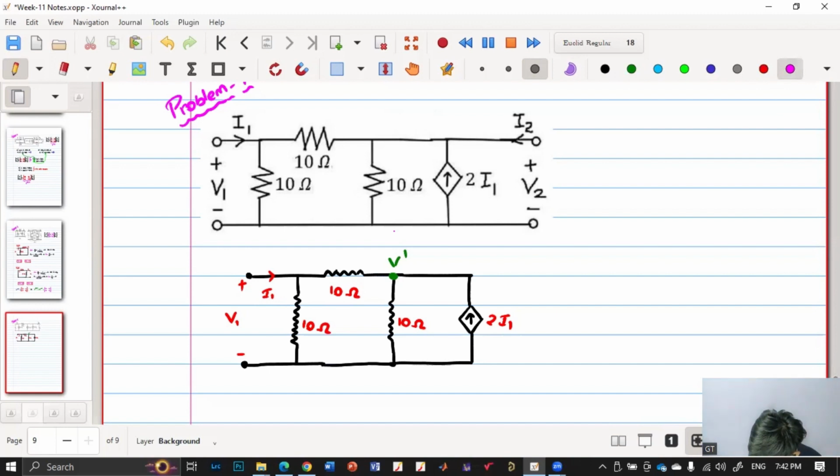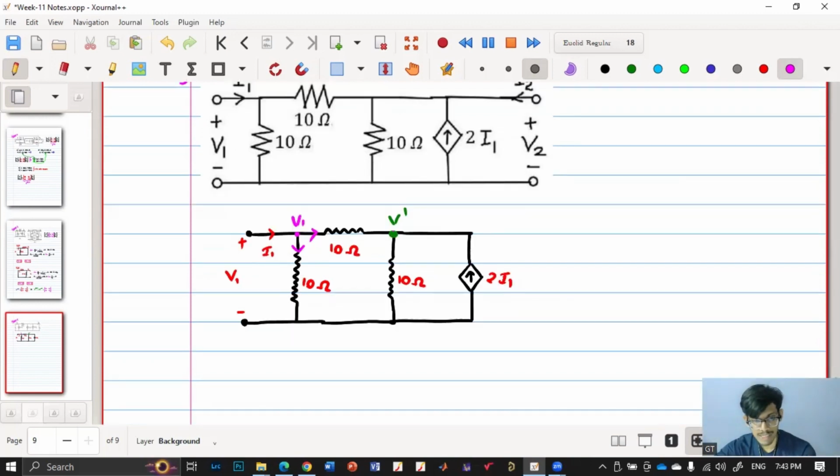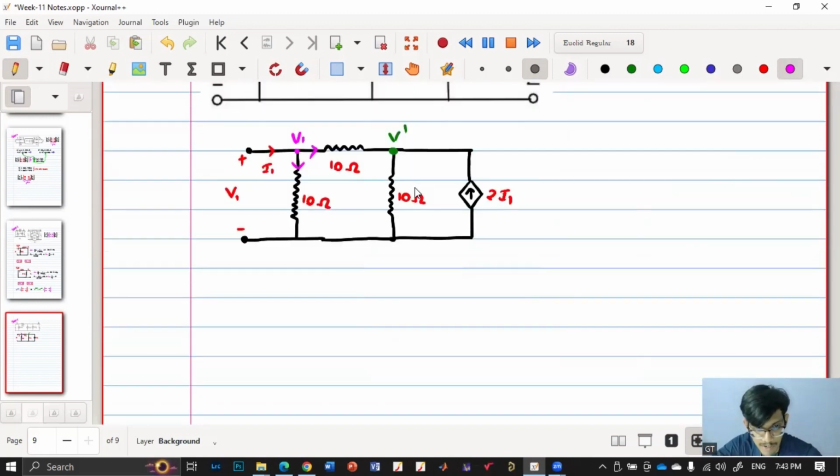So this terminal is V1. So let the current direction be like this and like this. So apply KCL at V1 and then we'll apply KCL at V dash.